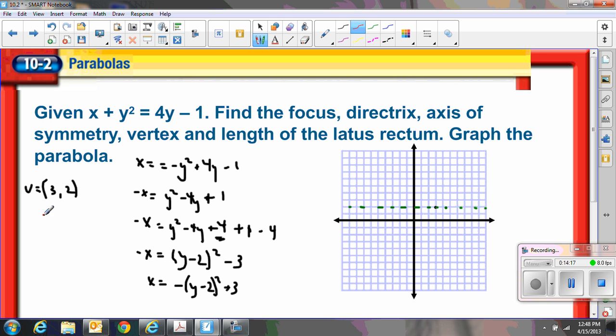Focus and directrix can be found by 1/4 times a, which means 1/4 times -1, which puts me at a -1/4. This number then gets added to your vertex, which means 2.75, 2 will be my focus, and my directrix I get by simply subtracting that point from the x-coordinate.